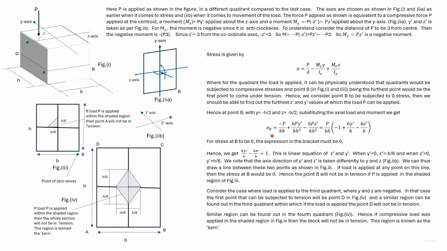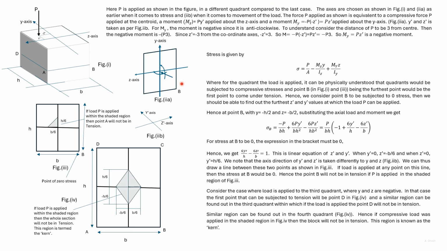Substituting these values, we get the expression for sigma at B. For the second term in the right-hand side, we have two negatives, so the expression is positive. For the third term, we have one negative and one positive, so the expression is negative. Taking out P divided by A, we have this expression.